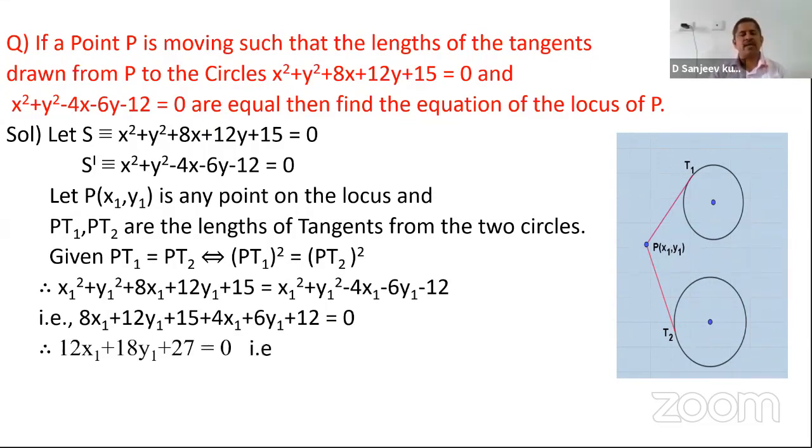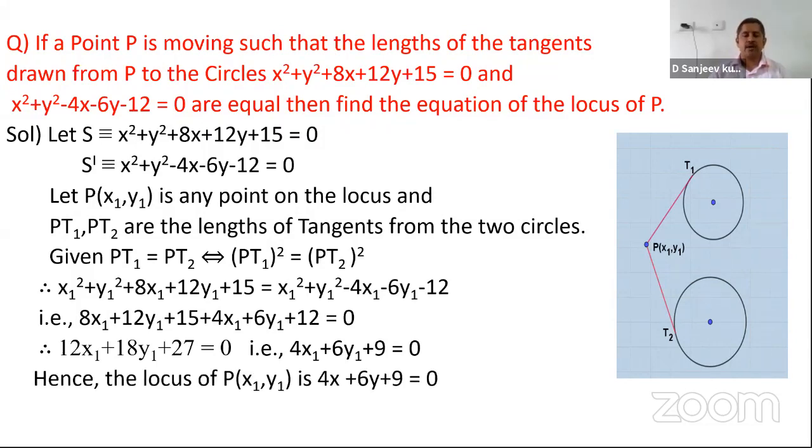Do you find anything common here? 3 is common. Divide by 3: 4x1 plus 6y1 plus 9 is equal to 0. So you got the required expression. So for the locus of the point, simply drop the x1 and y1, and write it as x and y. So you get the equation as 4x plus 6y plus 9 is equal to 0.